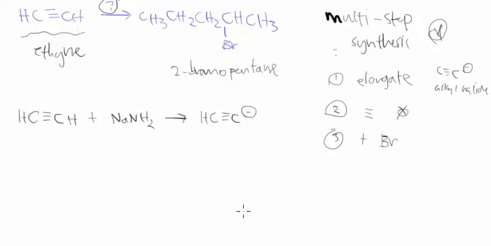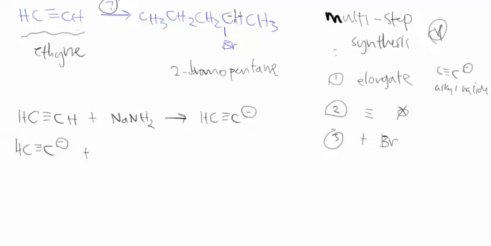So our very first step that we need to incorporate is the sodium amide, which will rip the hydrogen from one of the sp carbons in the triple bond, and we're left with this ion that we can then turn around and react with some kind of alkyl halide. So this serves as a two-carbon chain here.